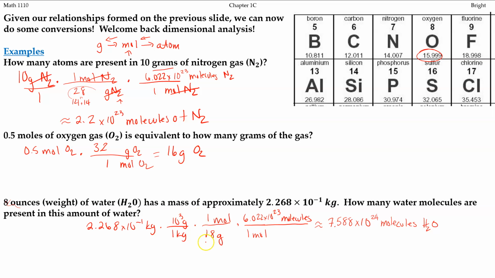And again, this 18 I got by using hydrogen, which is 1 plus 1, so there's 2 atoms of hydrogen, and then the one atom of oxygen in each molecule. Okay, so 1 plus 1 plus 16. And then per mole, and then convert moles to molecules via Avogadro's number, and boom, there it is.